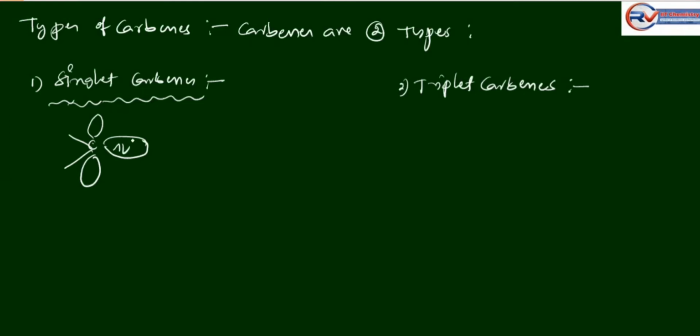A singlet carbene is a carbene in which the two non-bonding electrons are spin paired.